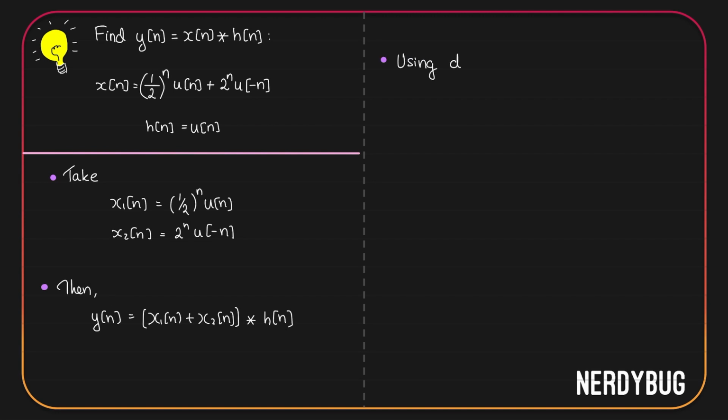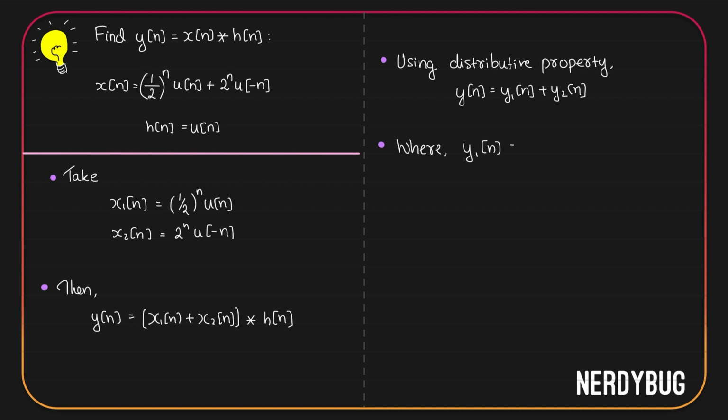But using the distributive property, we can write y(n) as the sum of y1(n) and y2(n). Here y1(n) is the output to an input x1(n), that is the convolution of x1(n) with h(n). Similarly, y2(n) will be the output with x2(n) being the input, so the convolution of x2(n) and h(n).